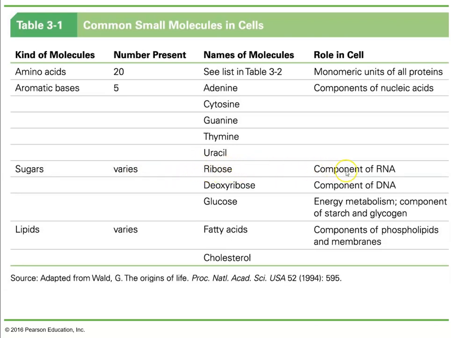Ribose is a component of RNA. Deoxyribose, a component of DNA. Glucose is a component of energy and metabolism. And of course, we can take glucose and make these other types as well and interconvert those through our metabolic processes. Lipids are fatty acids and components of long hydrocarbons. And cholesterol is another component derived from fatty acids that is necessary for normal cellular, extracellular membrane fluidity.